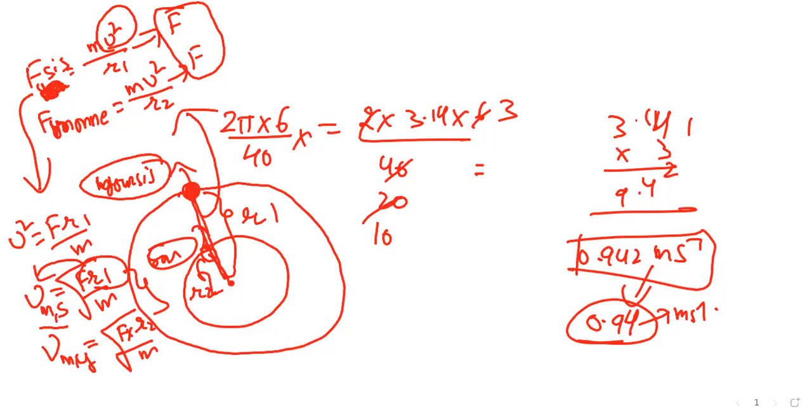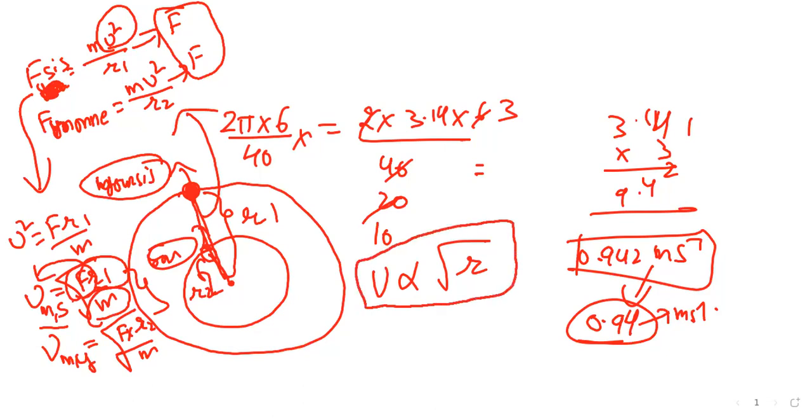Can you say that again, please? The idea is that the velocity is directly proportional to the square root of r, because the force which they can withstand is the same, and let us assume the mass is also the same. So we are getting the velocity is directly proportional to the square root of r. So higher the radius, we need to move with a more velocity.